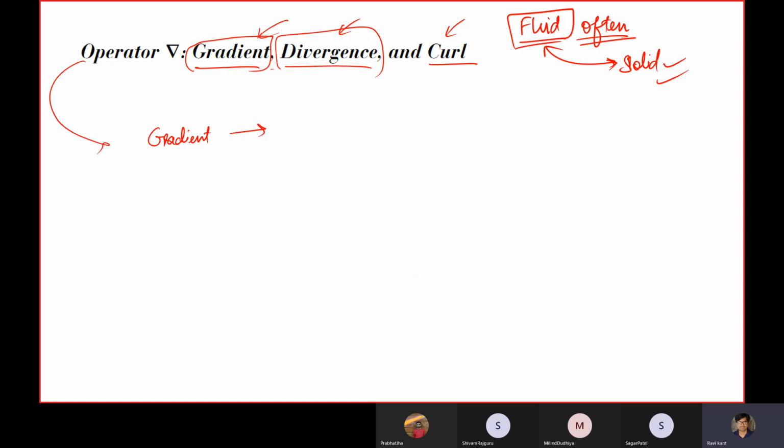Does anybody know what you mean by gradient? On which quantity can we take gradients? Can somebody tell? And what is the meaning of gradient?